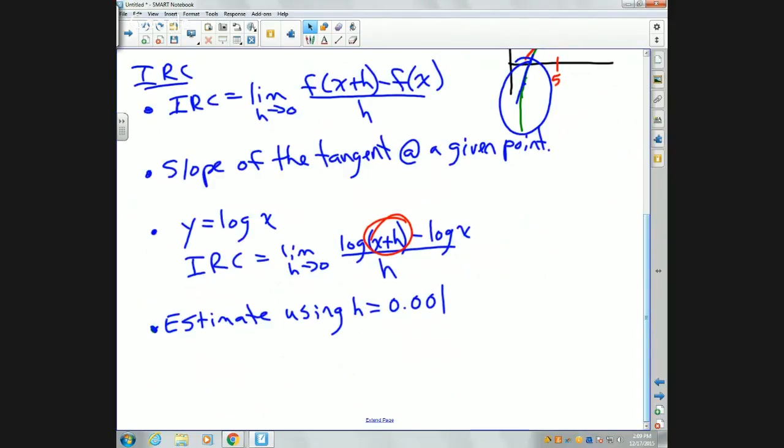I'm not going to do an example because you guys have done these examples over and over again. The only difference is that now we're going to be using the log function instead of the trig function or whatever other function that you may have done. So here's the work for today.